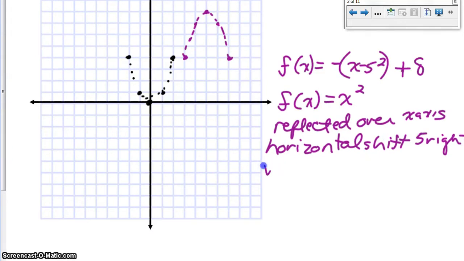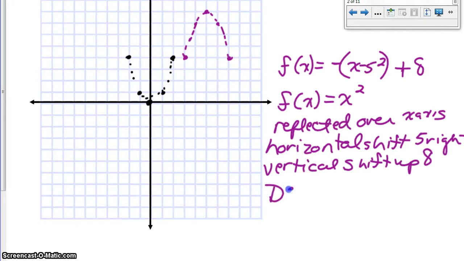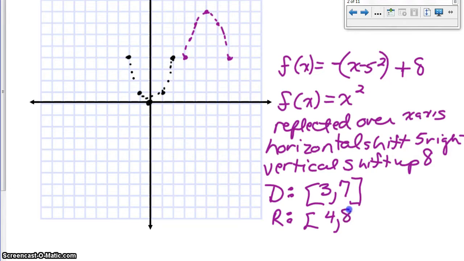I did a vertical shift up 8. I stopped my domain. I started it at 3 and I ended it at 7. My range starts at 4 and ends at 8.